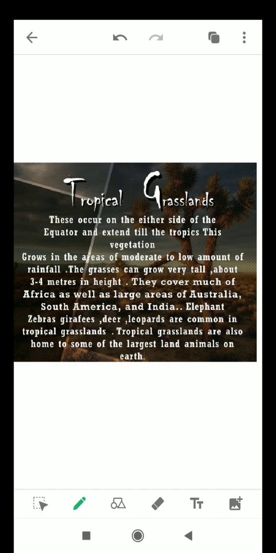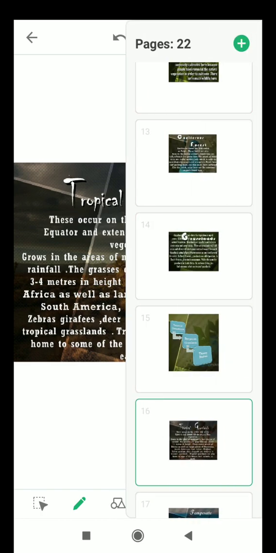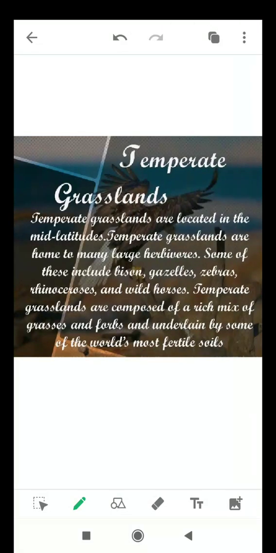Then next we have temperate grassland. They are found in the interior part of continents in the mid-latitudes where temperatures are cold and rainfall is too low for the growth of trees. A large part of this natural grassland has been converted into farmland, especially for the cultivation of wheat.